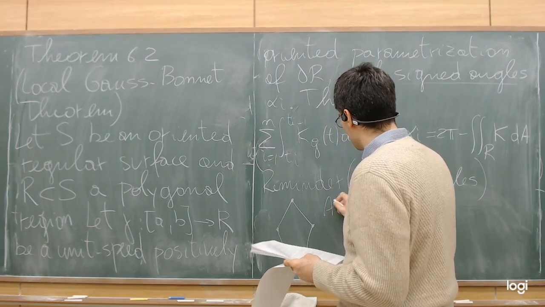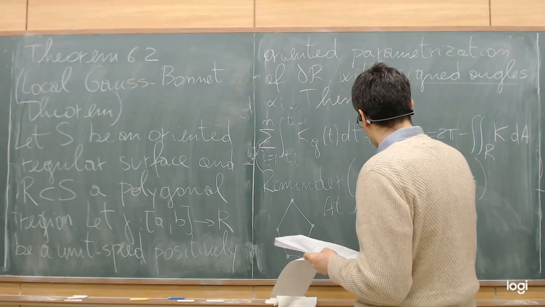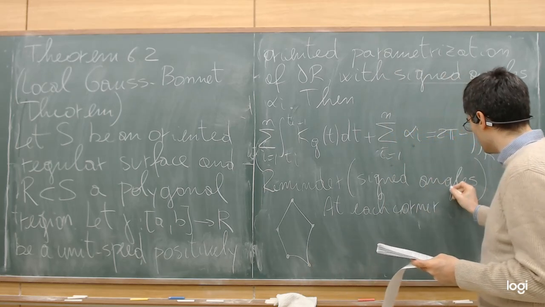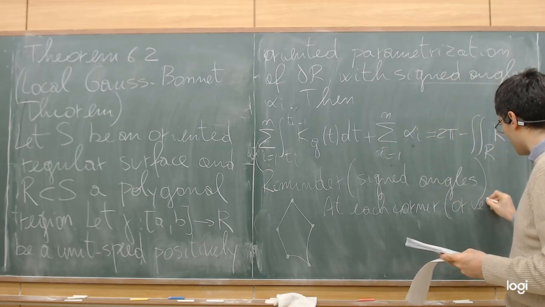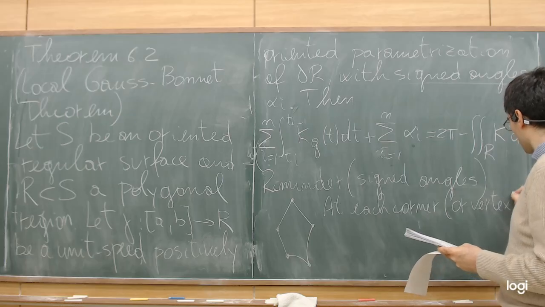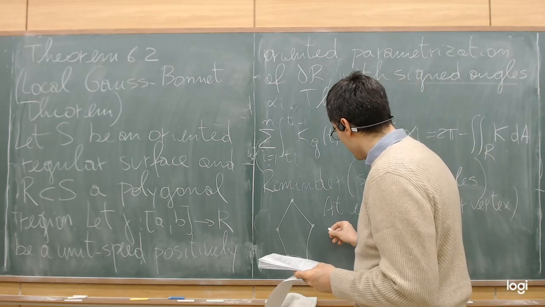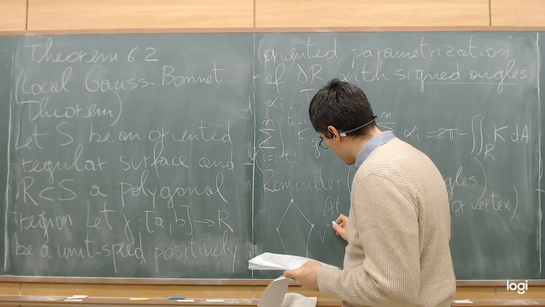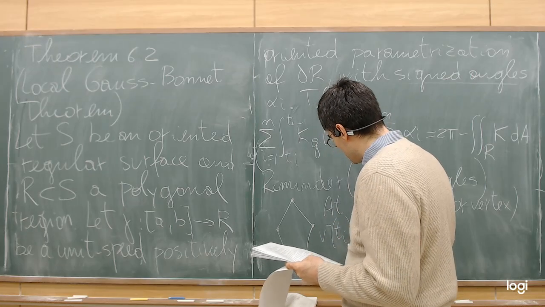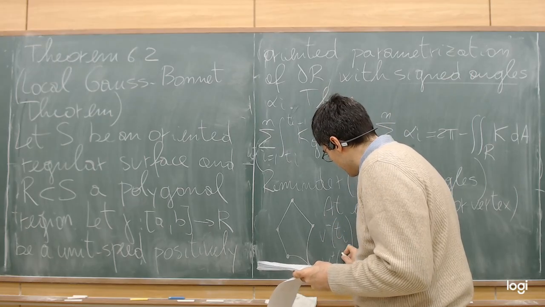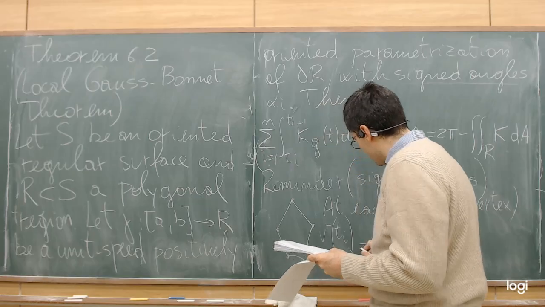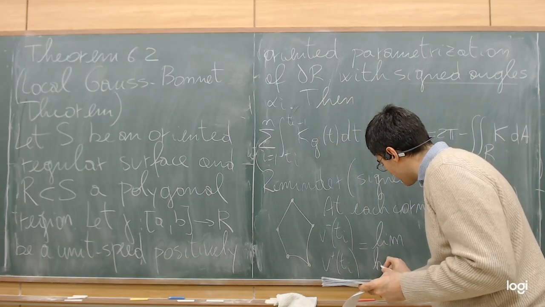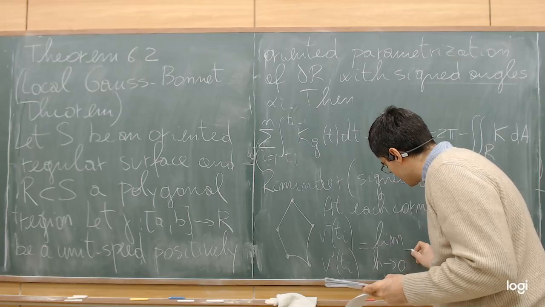So at each corner or vertex, as you want, there are two velocity vectors, v minus ti, v plus ti, defined as the limit as h tends to 0 from the left or the right.